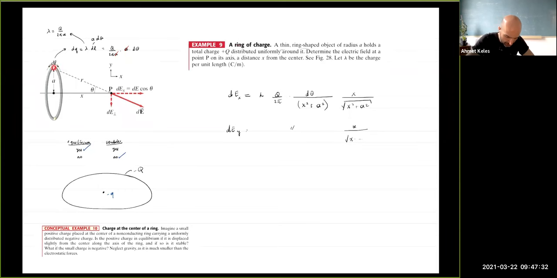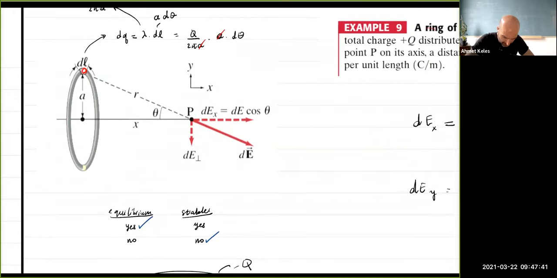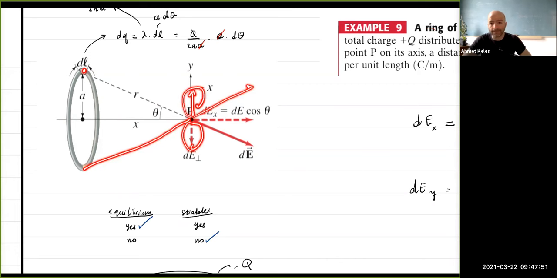But the thing about this y component is this. If you look at this point, this y component will point down. But every point here has a symmetric point, where the electric field's y component is in the opposite direction.